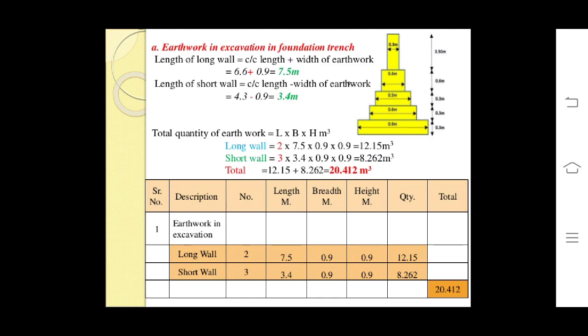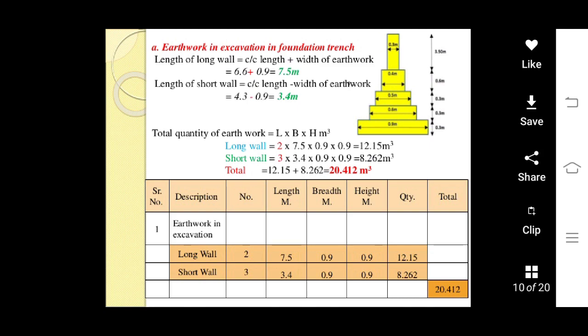Since the trench is provided for the whole footing, therefore the length of trench for the long wall and short wall is calculated first. The length of trench for the long wall is equal to center length plus width of earthwork, that is 0.9, which is equal to 6.6 plus 0.9, which is equal to 7.5 meters.